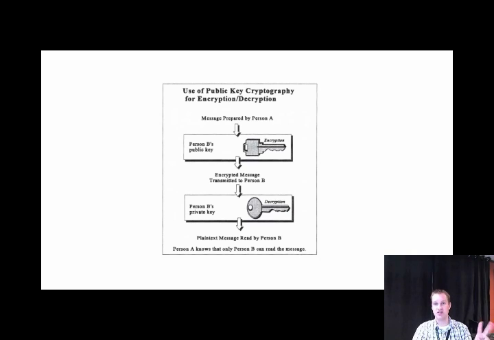If it finds that the two match up, the message is decrypted and the person can read it. If the public key doesn't match the private key that's installed on that person's computer, the message will not decrypt.